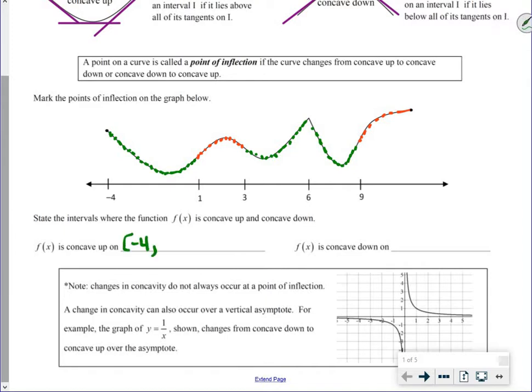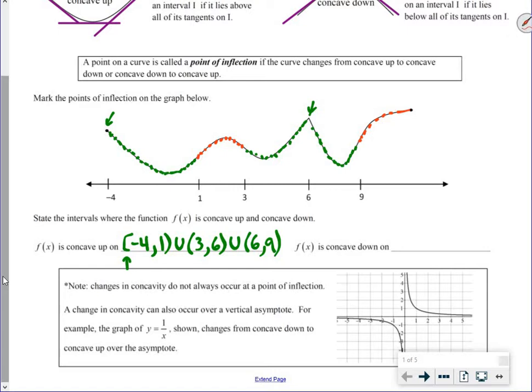Okay, so it's concave up from -4 to 1, as well as from 3 to 6, and from 6 to 9. Something wacky happens there. And I included a square bracket there because it's a filled in circle and it seems to be concave up on that entire interval.